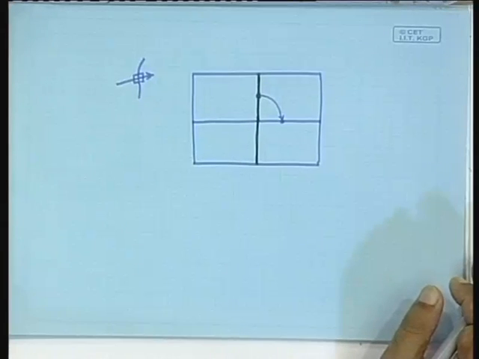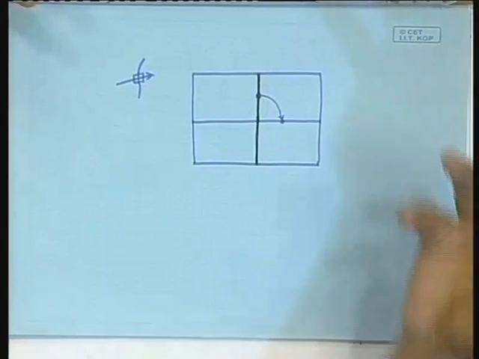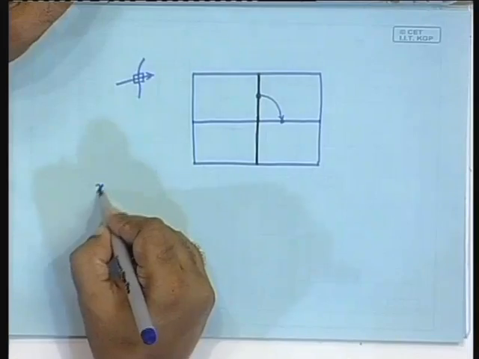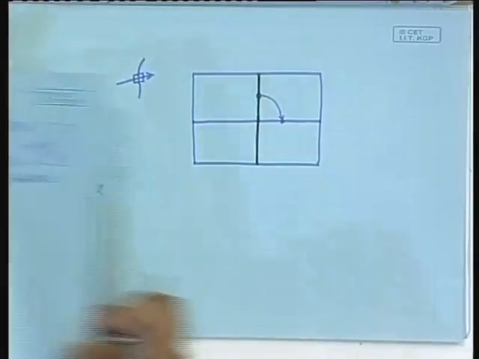So, using the expression for the map, we can now obtain the locations of the fixed point. Now, you can easily do that, because supposing we are considering the left hand side, then this is the equation.